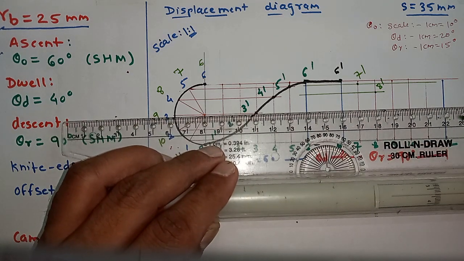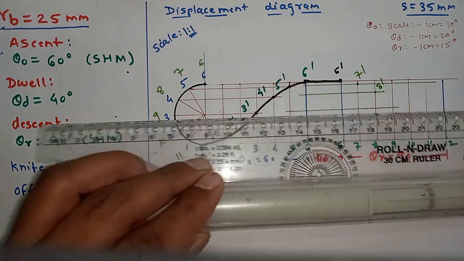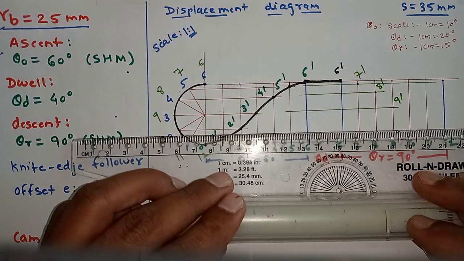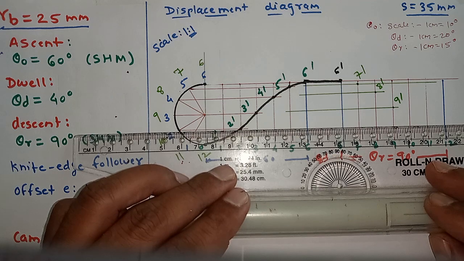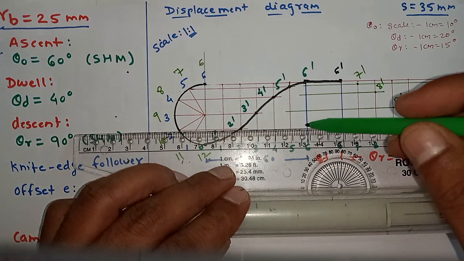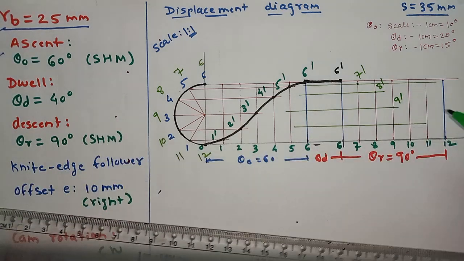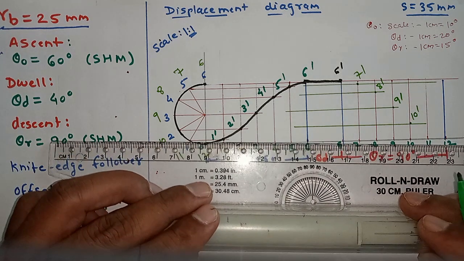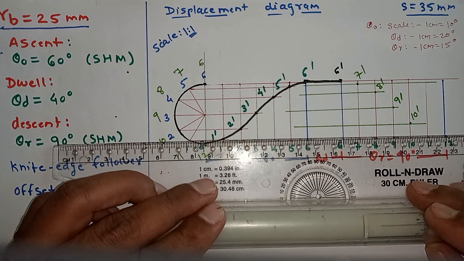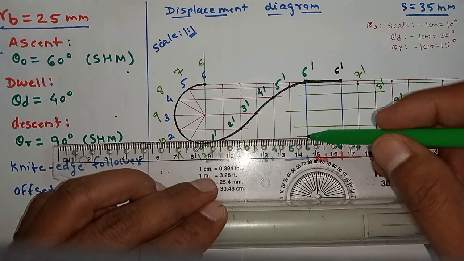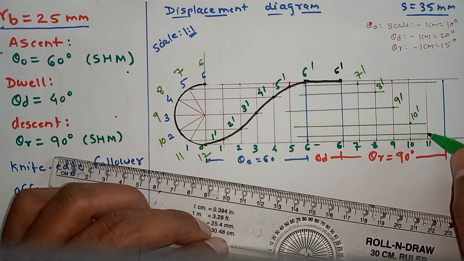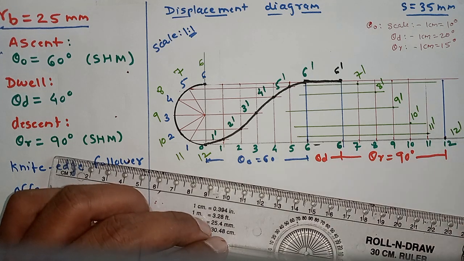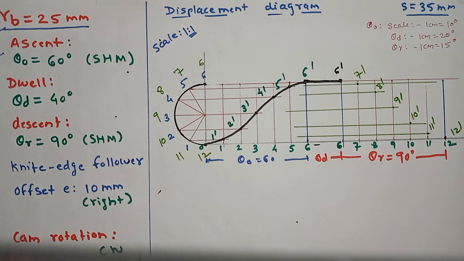Now line number 9 will intersect division line 9 at 9 dash. And division number 10, and point number 11. So it will intersect division line 11 at 11 dash, and 12 will coincide with 12 dash.